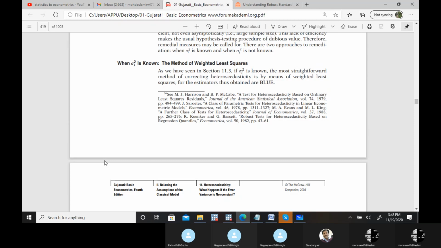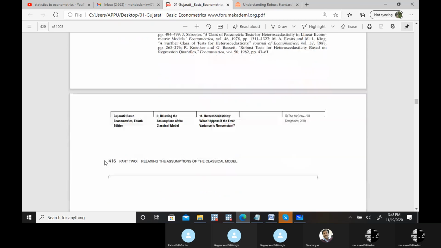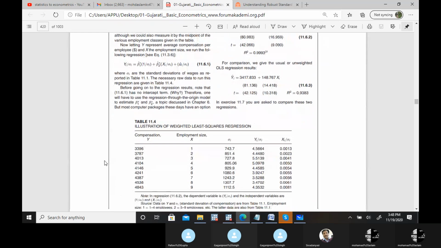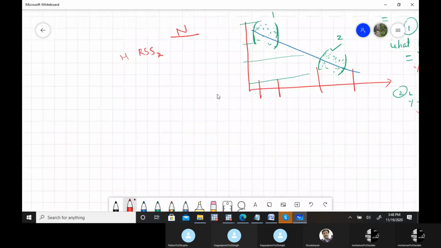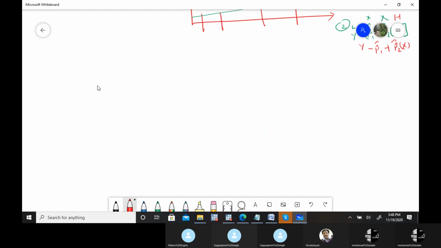So just take one practical example of this. Is it possible that we have a case where we know this variation? Take this example first. They have this particular data, let's suppose we have wages.